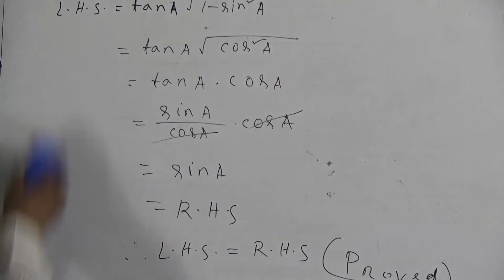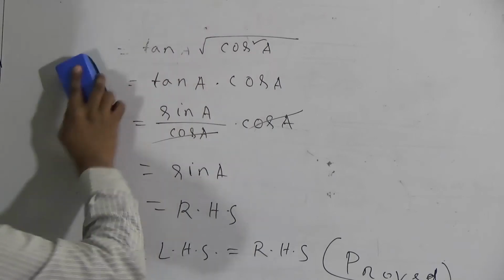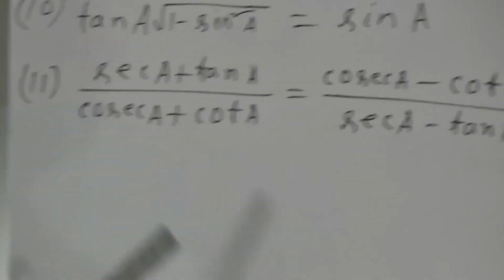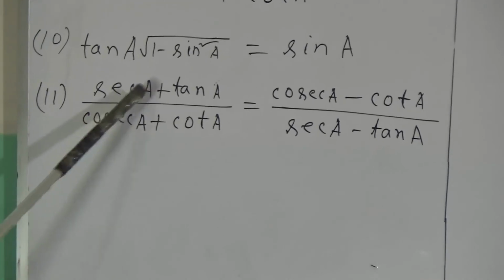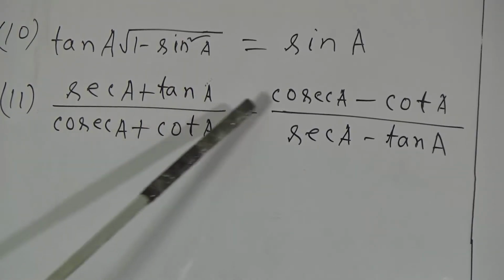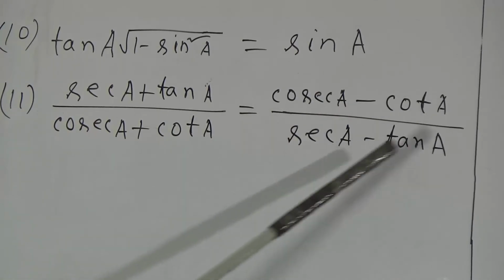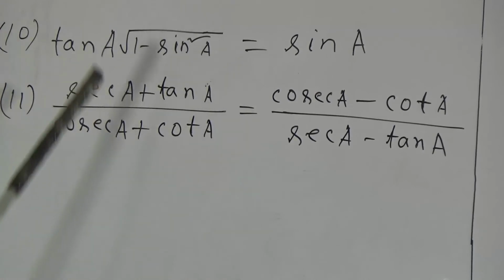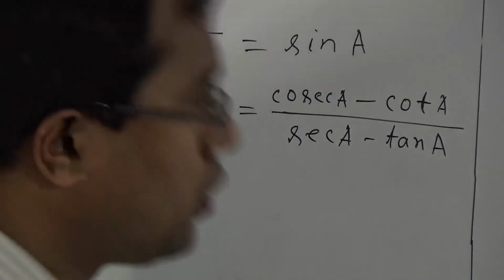Dear students, we will solve now last math of today's class, 11 number. The question is sec a plus tan a divided by cosec a plus cot a equal to cosec a minus cot a divided by sec a minus tan a. Here left hand side is sec a plus tan a divided by cosec a plus cot a.